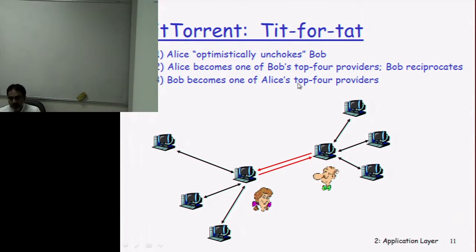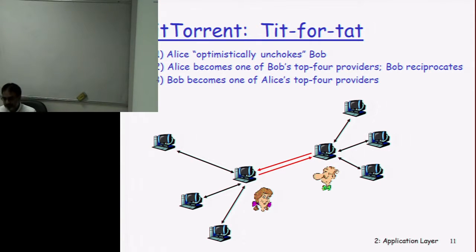Bob becomes one of Alice's top 4 providers. Reciprocates means Bob is also going to send a copy back to Alice. In this way Bob will become one of the top 4 for Alice. Now they both are among the 4 topmost providers for each other.